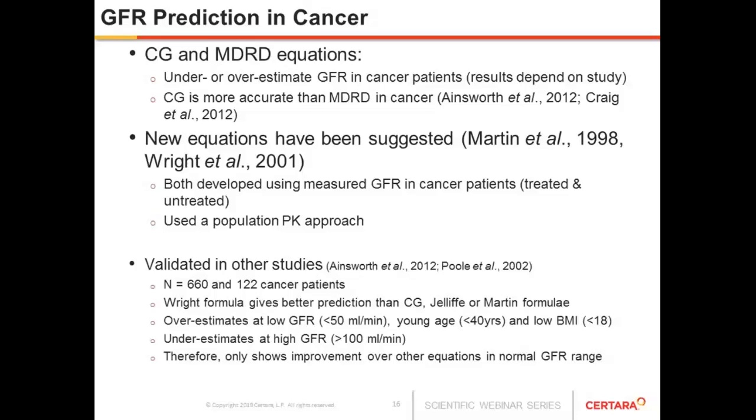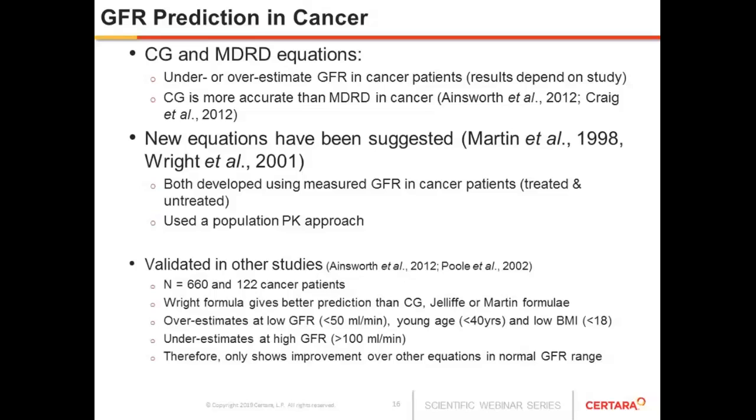And what we generally see is that the Wright formula gives improved predictions over the other three, as in this study here. But there are caveats, and essentially it only shows improvement over other equations in the normal GFR range.